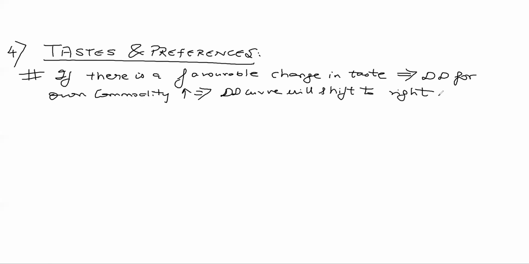If the consumer starts liking the commodity, demand for own commodity will go up, which implies demand curve will shift to the right.